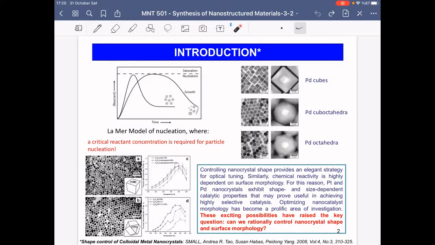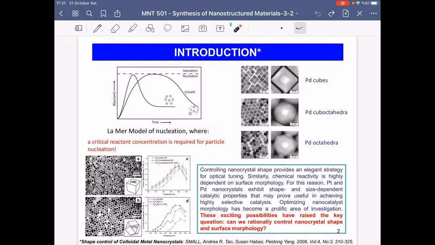What we're seeing here is that there is a critical reactant concentration that is required for particle nucleation, and this is where my nucleation is starting to happen, okay? And that's what I want to control to produce these different size and morphology nanoparticles, which at the end has a direct influence on your catalytic results.